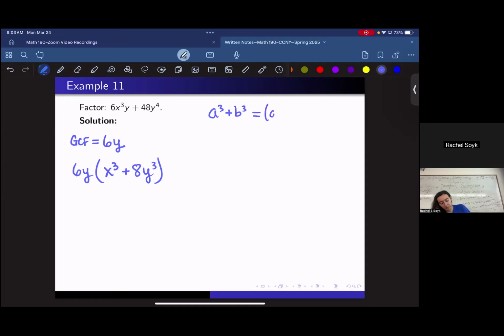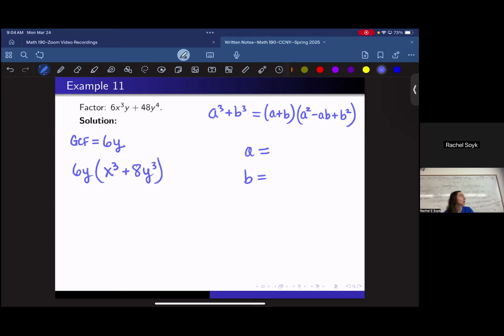Again, that binomial is the same operation. And then what operation is for our trinomial? It's palindrome format. So we have a minus and then a plus. Our A here, what's the square root?